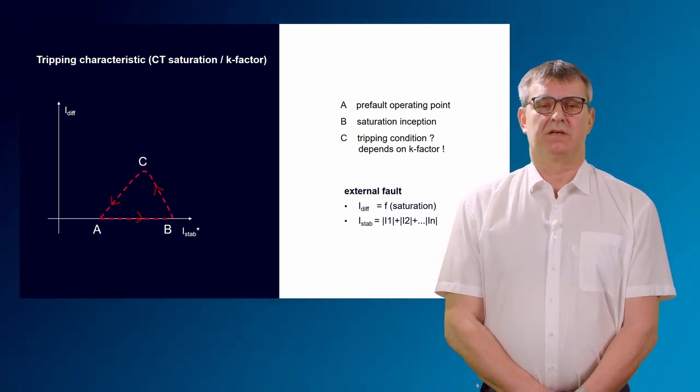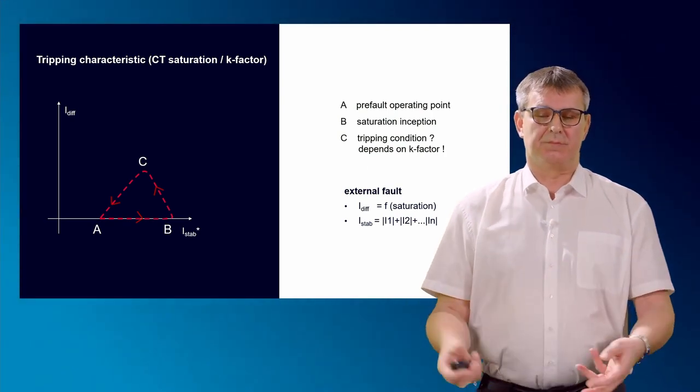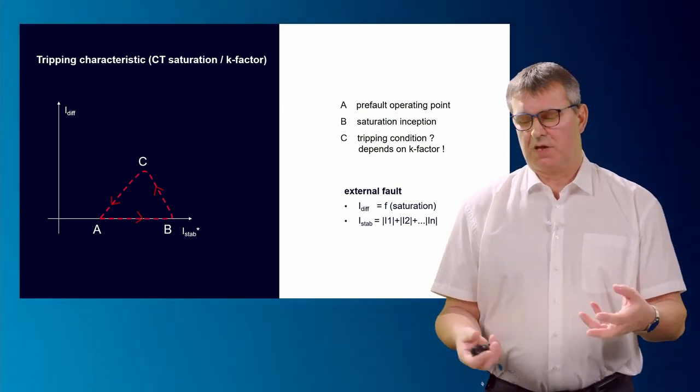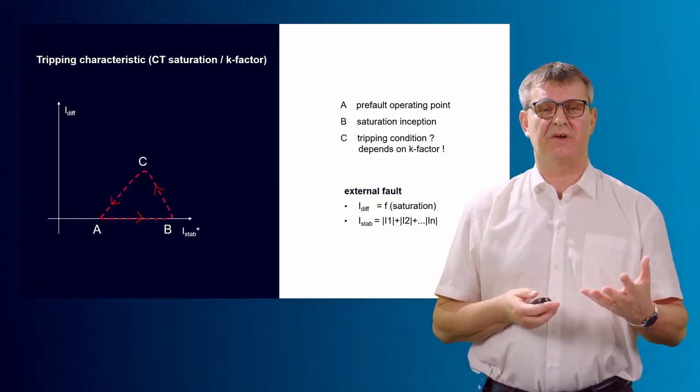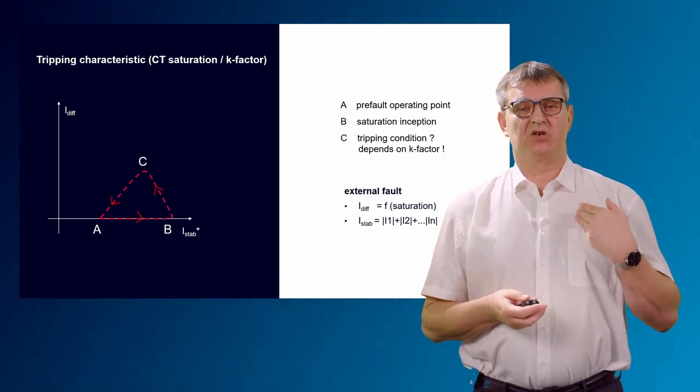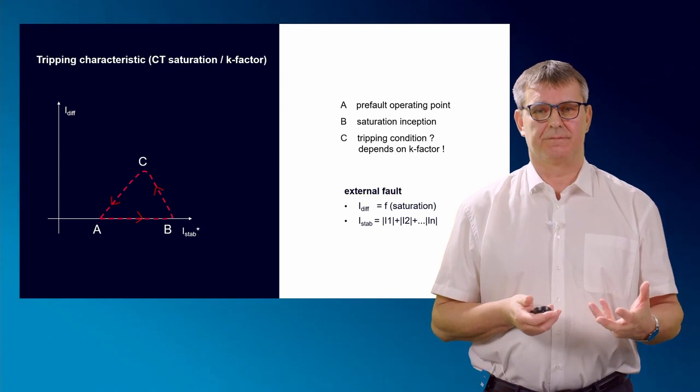And then the stabilization current will increase and increase, and at operation point B it will come to a CT saturation. And you know, CT saturation means the primary CT is not able to follow the increase of the current, and the current will go to zero. This means we will have differential current, and the stabilization current will decrease.